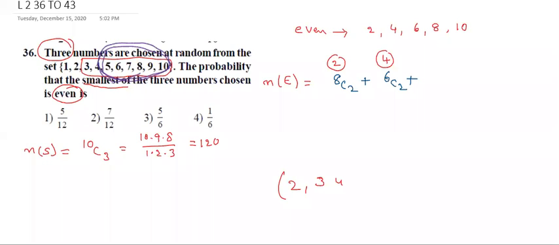Plus, after 4, what is the next even number? 6. Observe the numbers more than 6: 7, 8, 9, 10. There are 4 digits. Select 2.